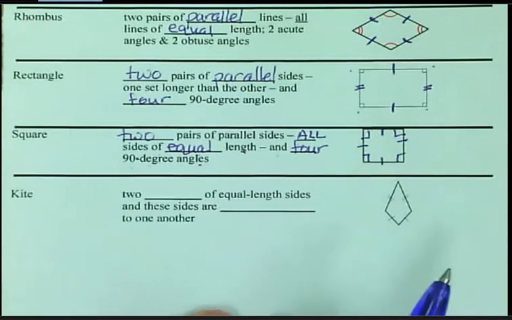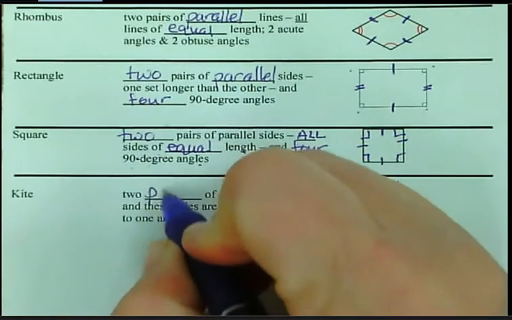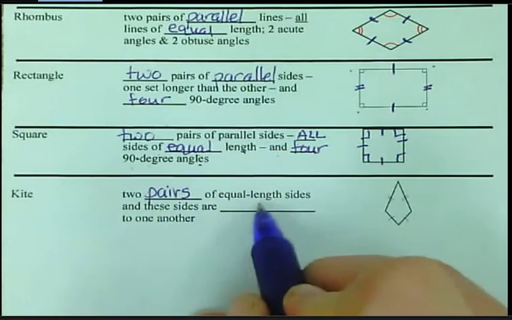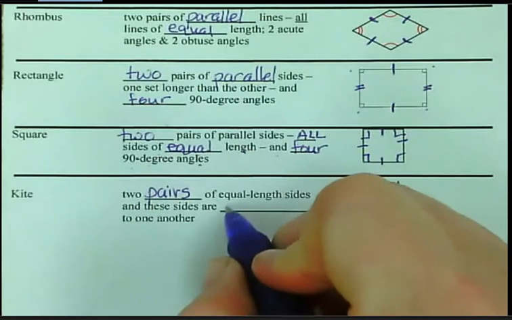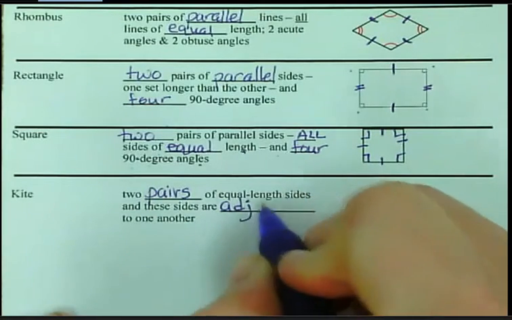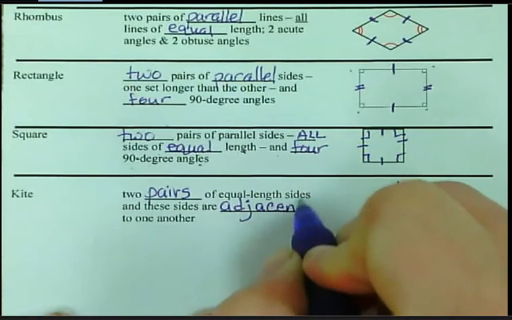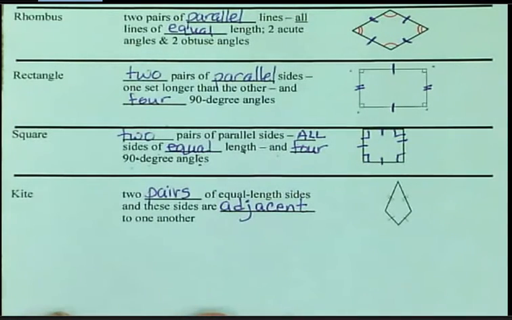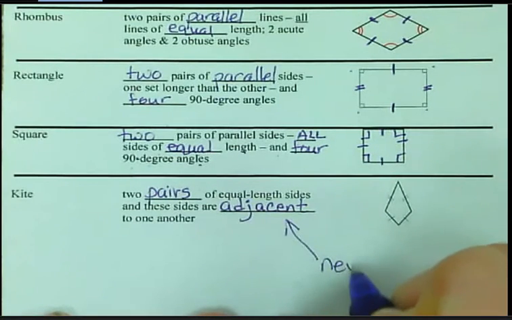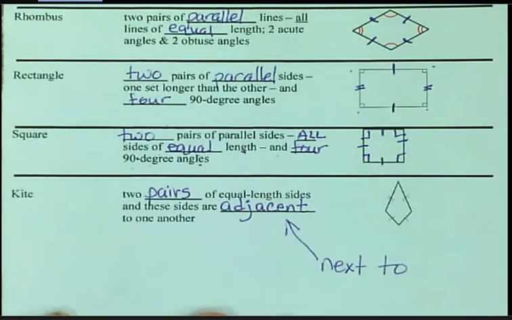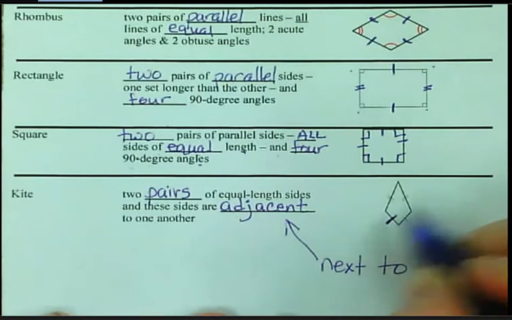Now this last one is called a kite. And what we have are two pairs of equal length sides. And these sides are, here's a new word for you, adjacent. A-D-J-A-C-E-N-T, adjacent. Adjacent means next to. All right, so if you look at this, I've got 1 and 1.